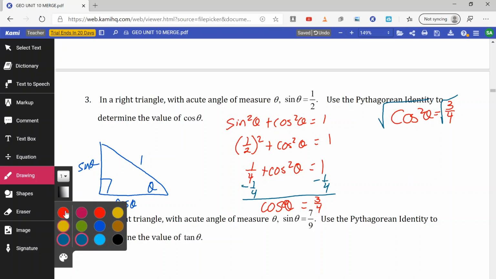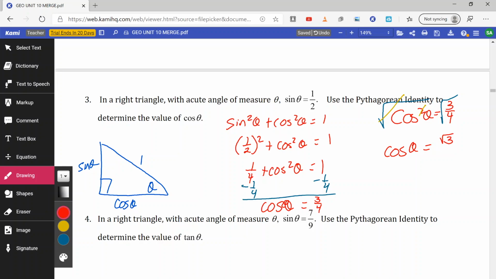It will cancel off the square root and the square, leaving us with just cosine theta. And when I take the square root of a fraction, I take the square root of both numbers. So square root of 3 is just square root of 3. Square root of 4, we end up getting 2. So cosine theta ends up being √3/2, which is what we found to be our answer number 1.